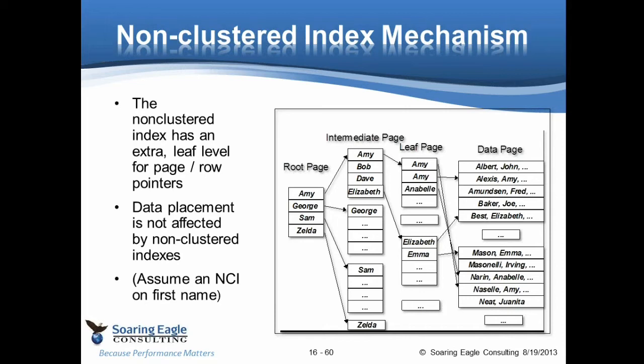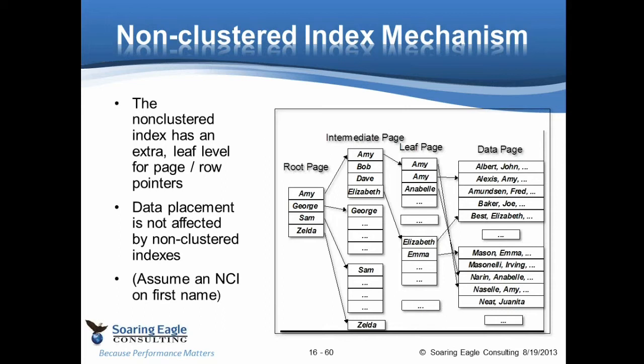Because the leaf level of the non-clustered index is so much bigger than the leaf page of the clustered index, which is actually the data page, the non-clustered index structures tend to be much larger than the clustered index structures. Don't let that dissuade you from creating an index.